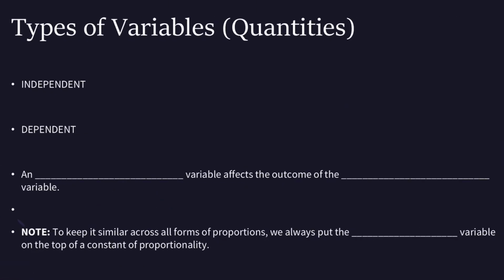So to calculate these unit rates, to calculate these constants of proportionality, when we have two things, we need to know what the independent variable is and the dependent variable is. You might have heard these before, but an independent variable affects the outcome of the dependent variable.